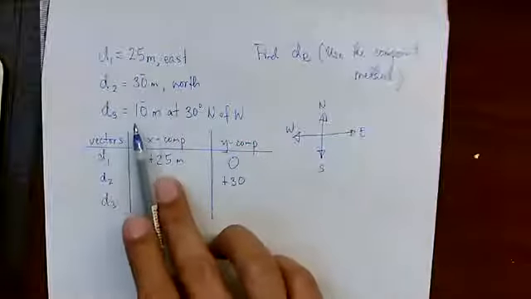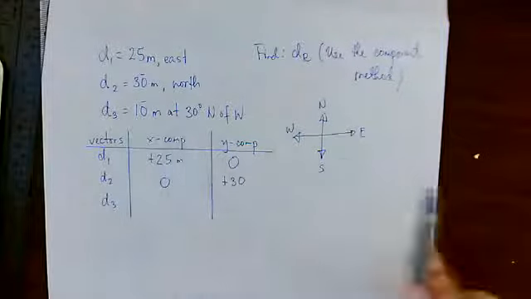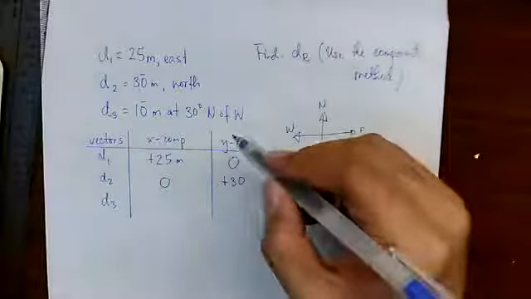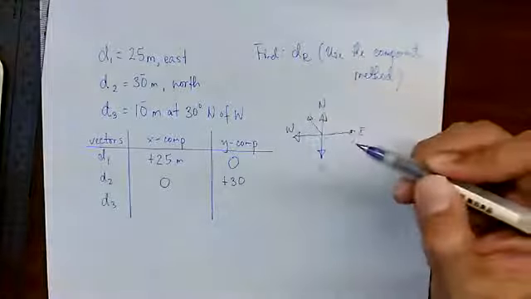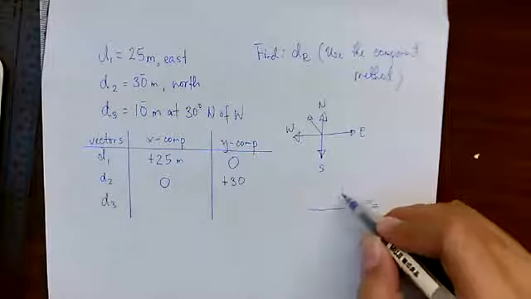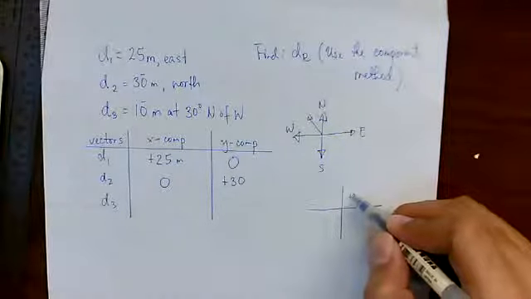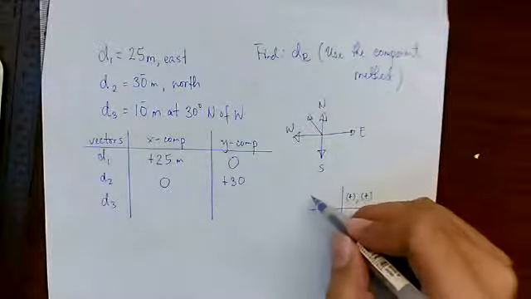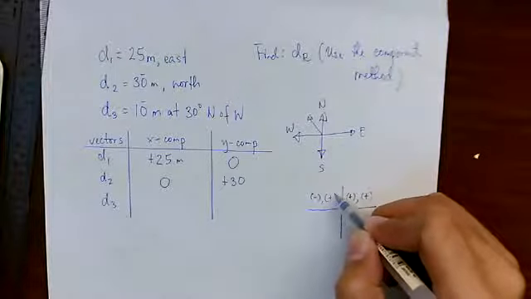In the third vector, D3, you have 10 meters at 30 degrees north of west. So where is this? This vector lies in the second quadrant. Now remember, in algebra, we were taught that for quadrant 1, the X part is positive and the Y is also positive. Here in the second quadrant, the X is negative and the Y is positive.